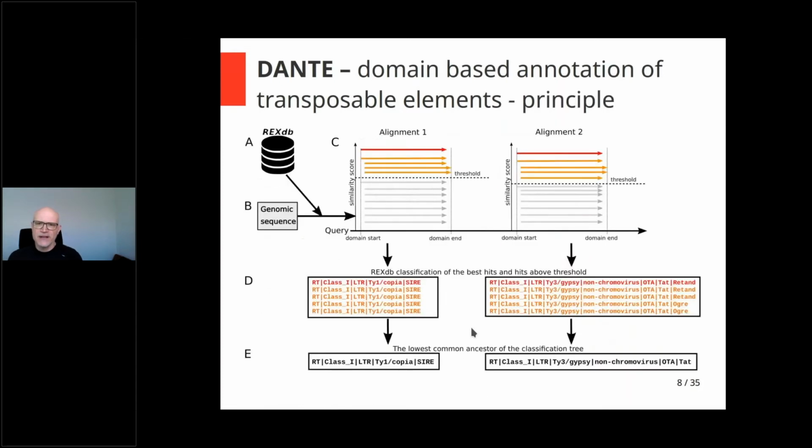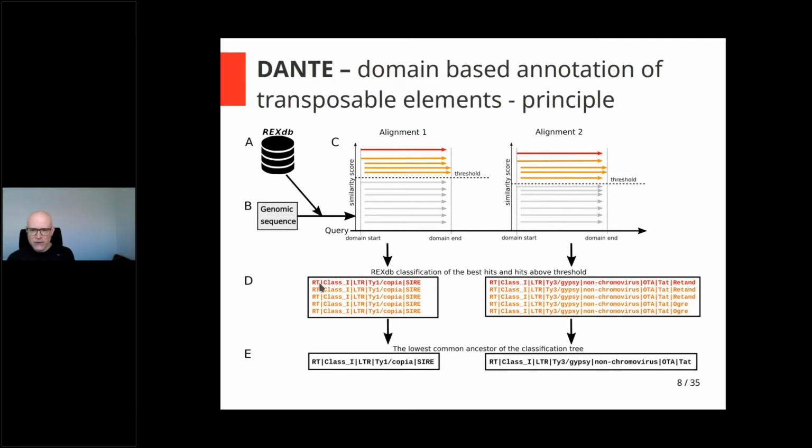So the principle of the Dante tool is quite simple. You have the RexDB database, and this is used for scanning and finding similarities in your genome. We record basically multiple hits if they are found for some specific regions, and the classification of these hits is evaluated. This threshold is dynamic, and it is based on the highest score of the best hit found.